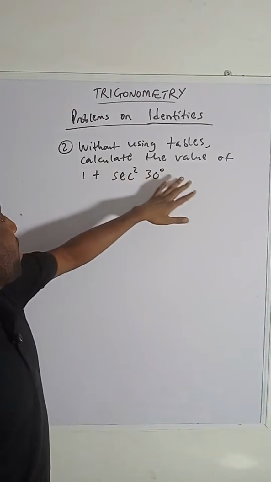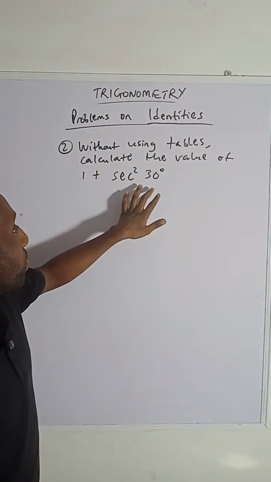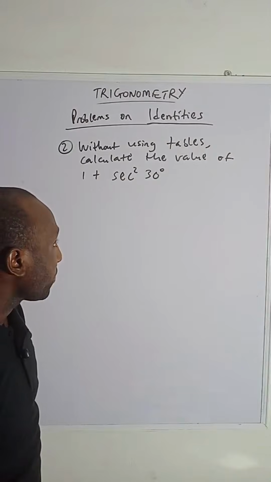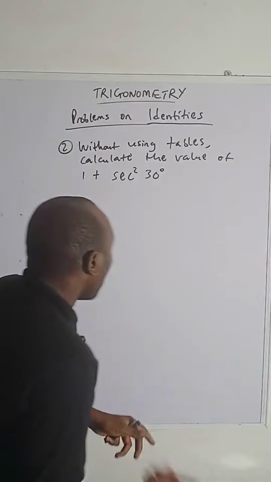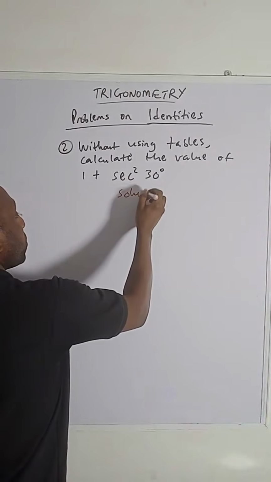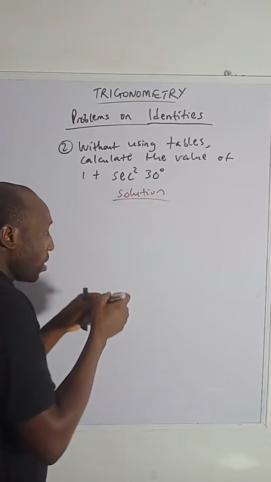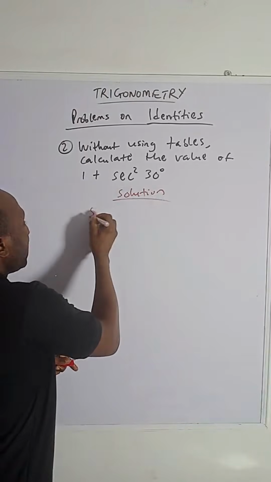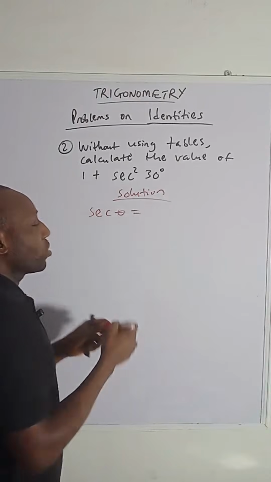How do we calculate the value of 1 plus sec squared 30 degrees? Who wants to help us out first? Okay, so solution. Somebody should tell me, what is sec theta equal to?